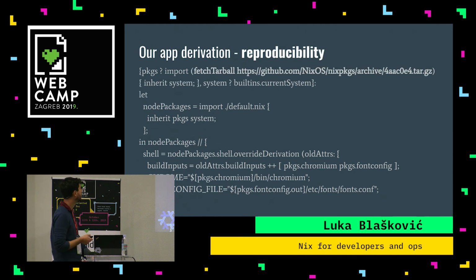So to ensure the Nix packages are up to date, we can fetch or bake the version of them into our expression, so that every time we build this app or derivation, the correct version of the Nix packages will be used, and everything else will be the same.